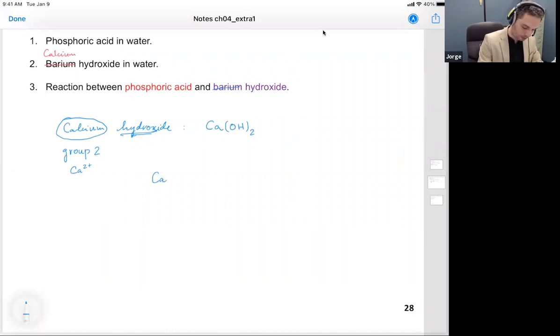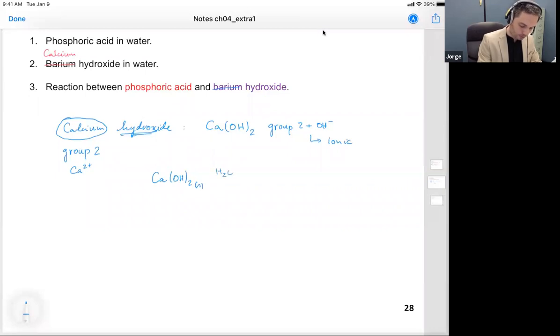Now, we have calcium hydroxide, and that's a solid. Calcium hydroxide is formed by group 2 plus OH minus. Therefore, this is an ionic compound. We have cation and anion.